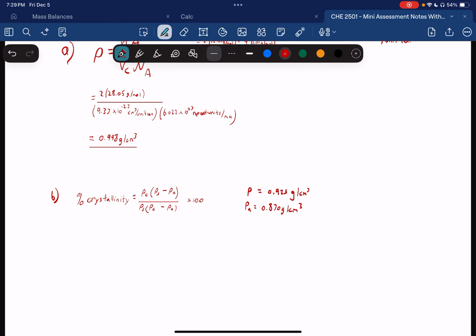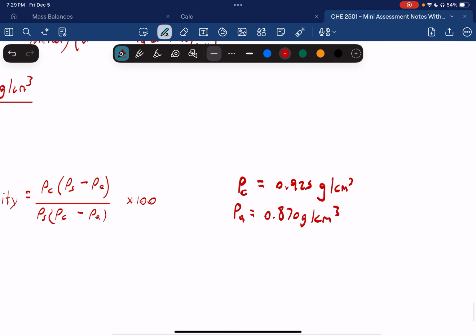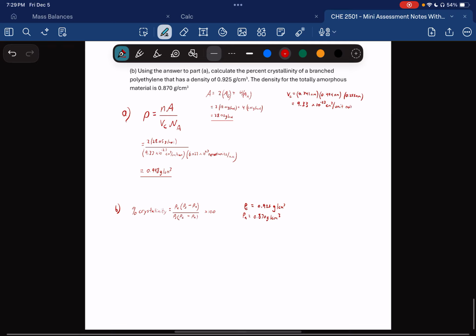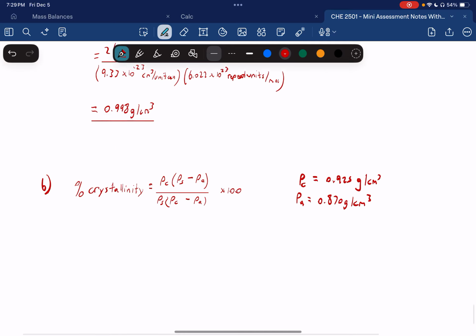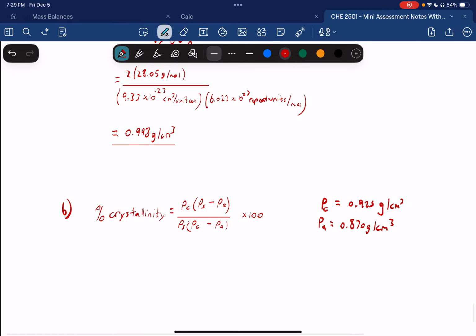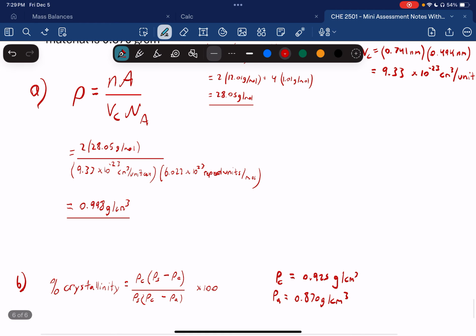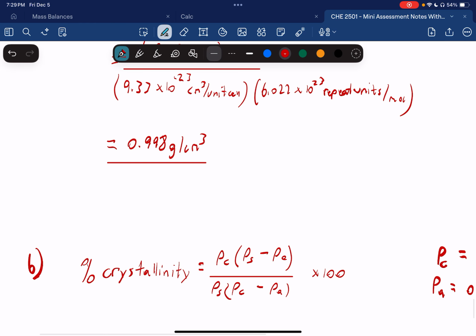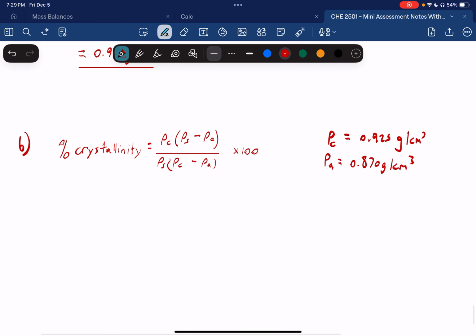So we found the one up there, we found these two. We have PC, the density of crystalline polyethylene, we have PA, 0.870, and we have PS, the value we just found here. Let's plug those in.